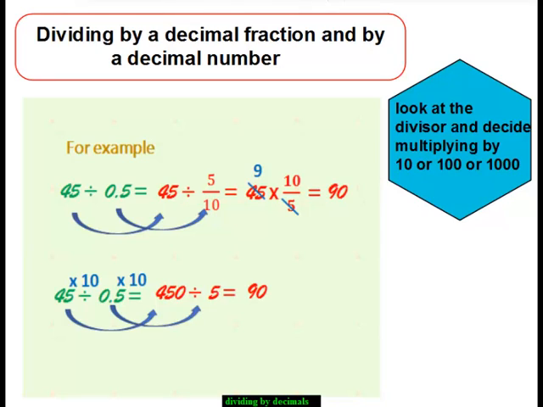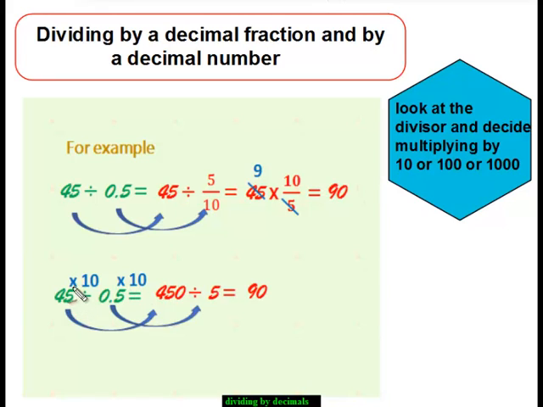I have to get rid of the decimal point, so I'm going to multiply the number by 10 and by 10. I can also do it like this: 45 divided by 5 over 10, then 45 times 10 over 5. Keep, change, flip. So the answer will be 90. But I prefer this way: 45 by 10 and 0.5 by 10.